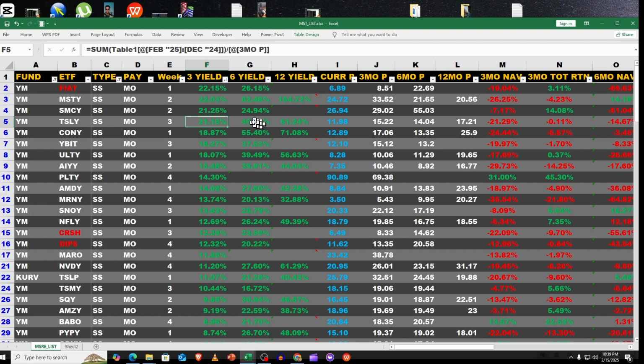So here's an example. Here's Tesla, 21.18 for its 3 month yield. What's its 3 month NAV? Well, it lost 21.29. Okay. So let's go here to Curve, and here's Curve's.